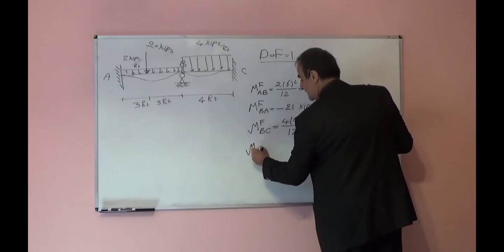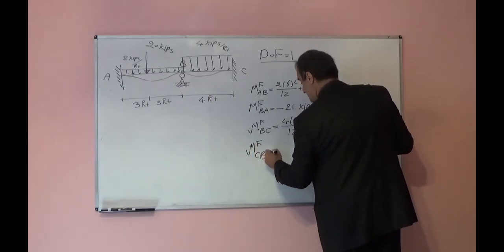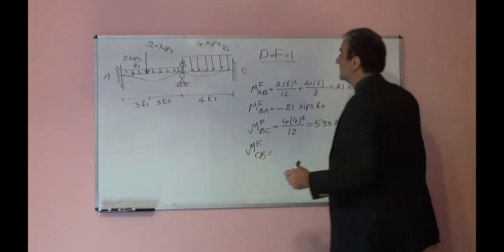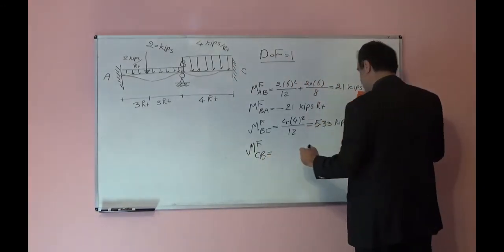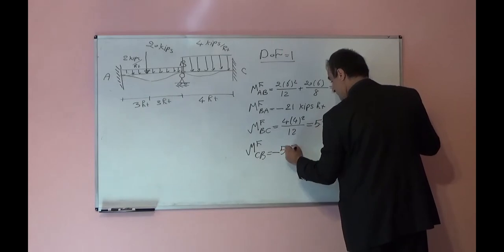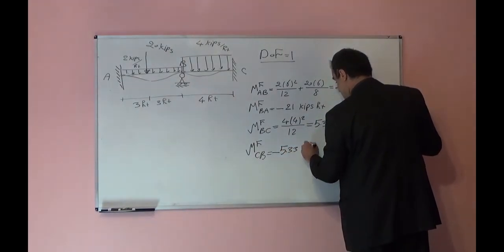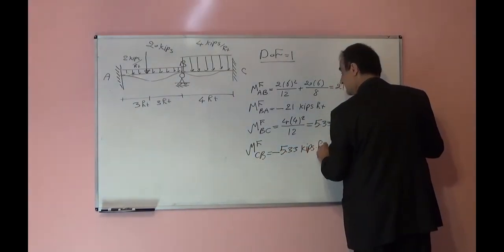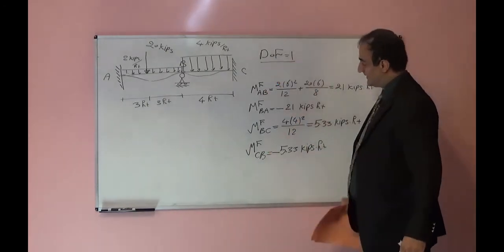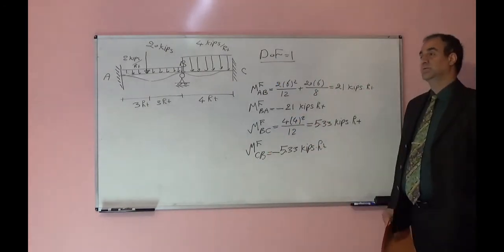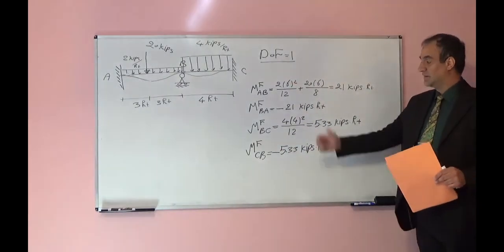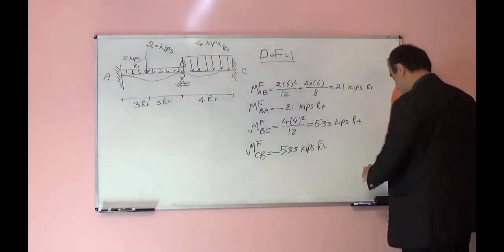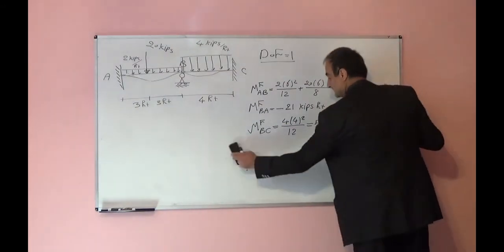For M fixed CB, on the CB side it is clockwise, negative, everything else is the same, negative 5.33 kips feet. So I find all these M fixed. So write these down. I will continue because I don't have enough space. I should remove these.